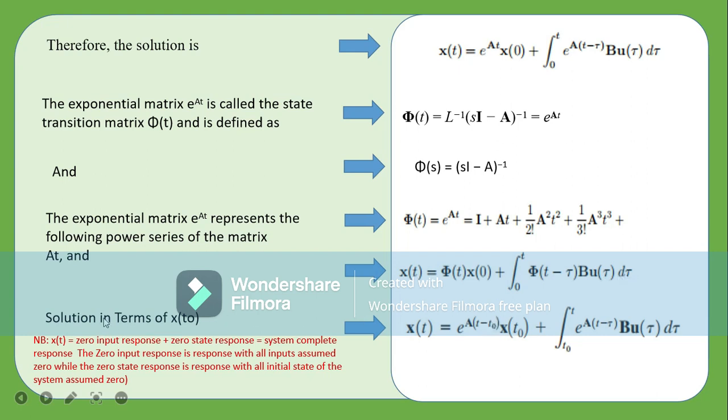So we have solutions in terms of x of t naught. Now what we're trying to say is, this is equivalent to saying phi of t minus 0. What if we are trying to determine the solution for a delay of time t naught?